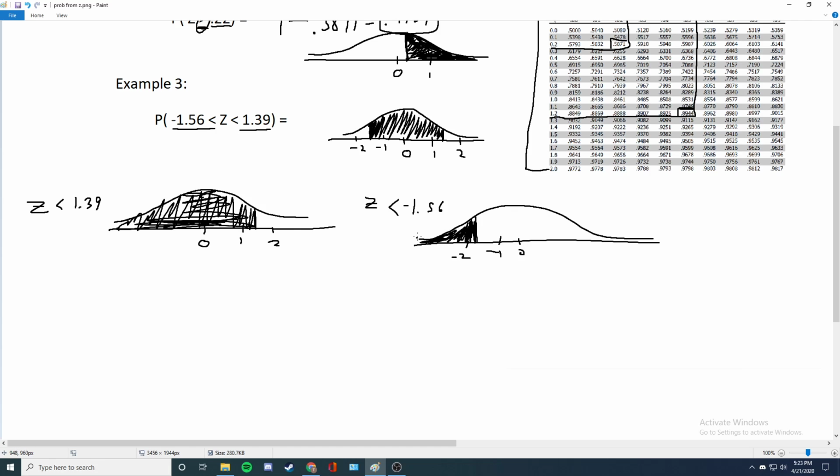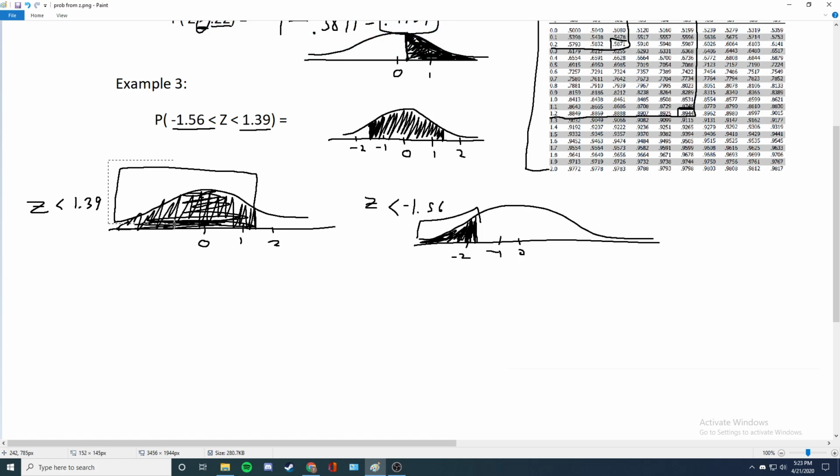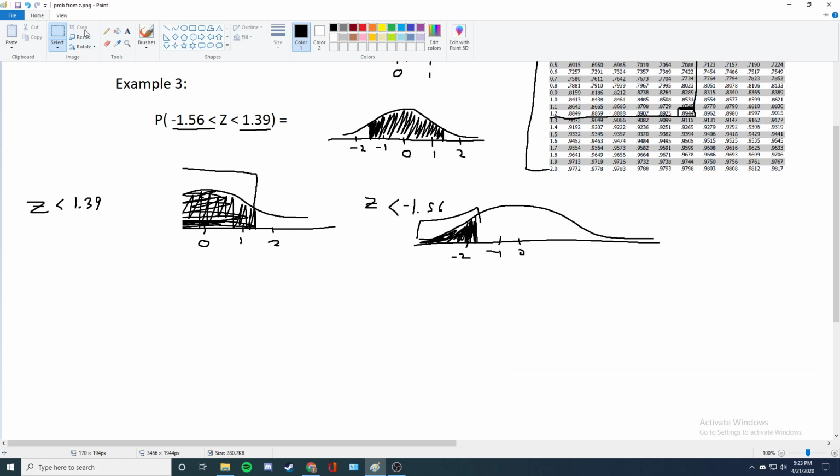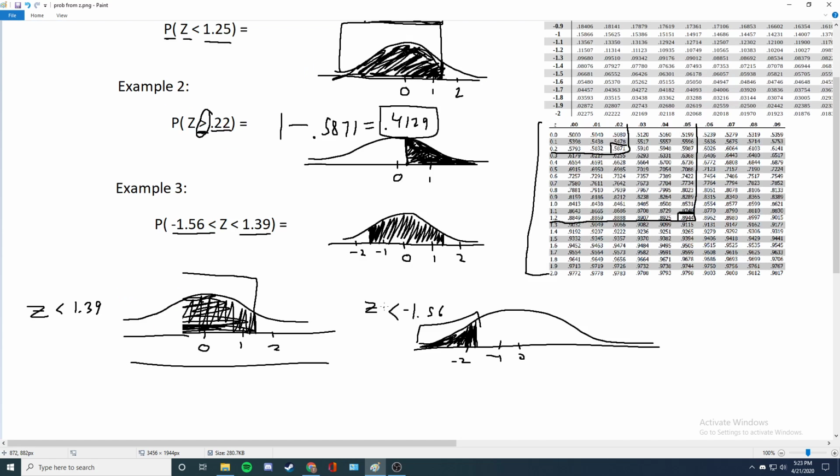If we subtract this area from the entire area to the left of 1.39, it's going to lop off that end chunk right here and give us the remaining area that we need. So if we subtract the chunk off of this negative value from the big value over here, we should end up with our final answer, the area in between.